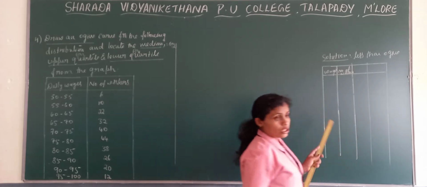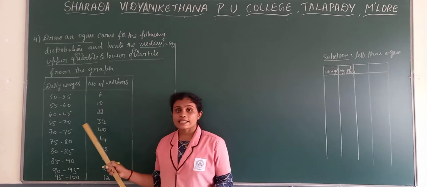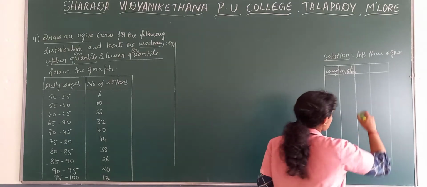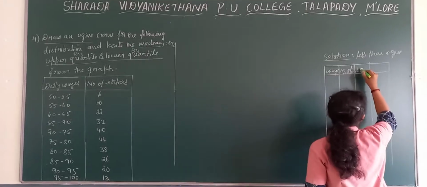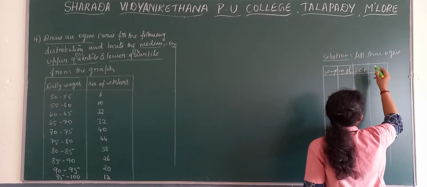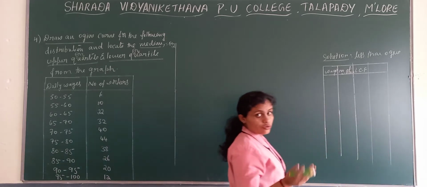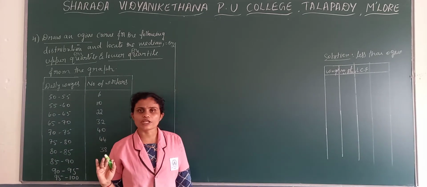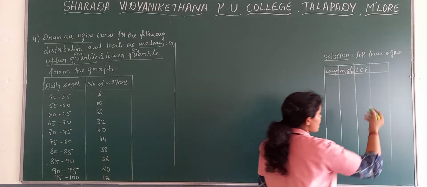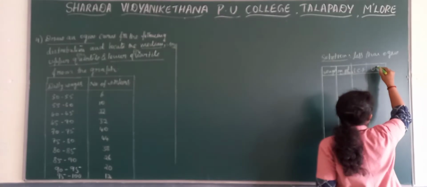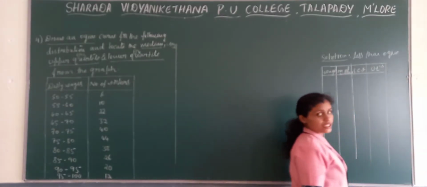Then in order to draw the less than ogive, what do we require? Less than cumulative frequencies, LCF, and the less than ogive is formed for less than cumulative frequencies against the upper limits. We need to take the upper limits.